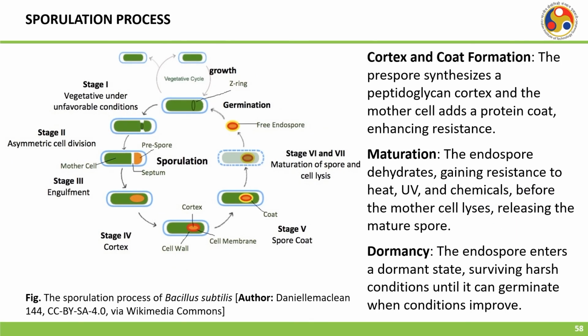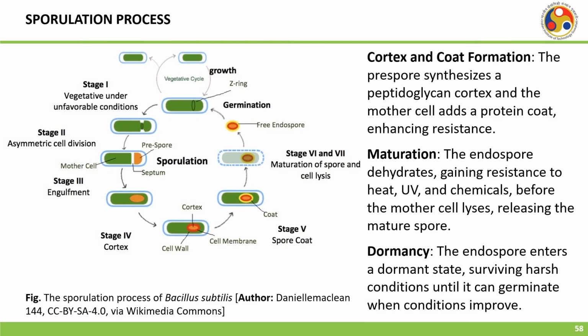Finally, it goes into stage 4 and subsequently stage 5, which is the cortex and spore coat formation stage. The pre-spore will synthesize a peptidoglycan cortex and the mother cell adds a protein coat, enhancing resistance in these stages. Then it goes on to the maturation stage, where the endospore dehydrates, gaining resistance to heat, UV and chemicals before the mother cell lyses, releasing the mature spore.